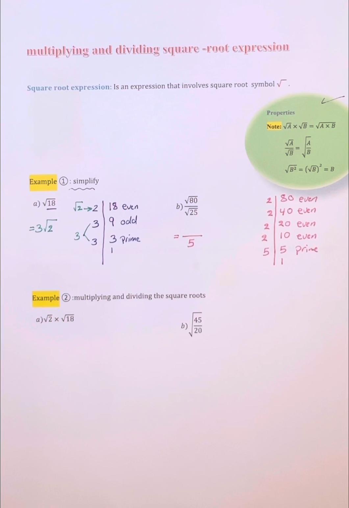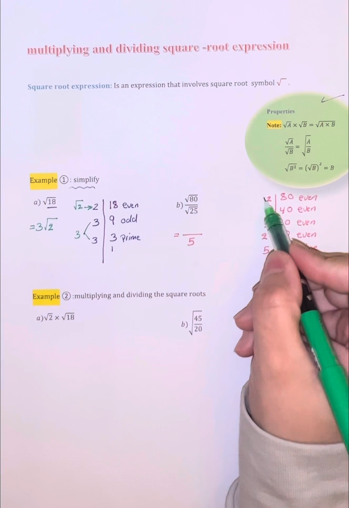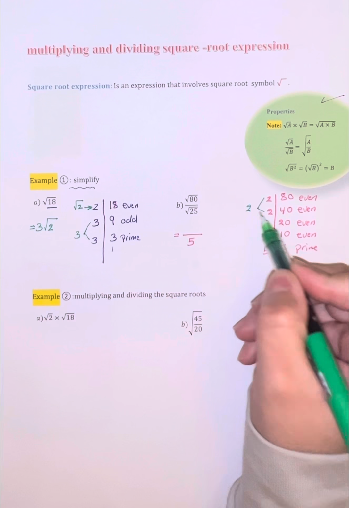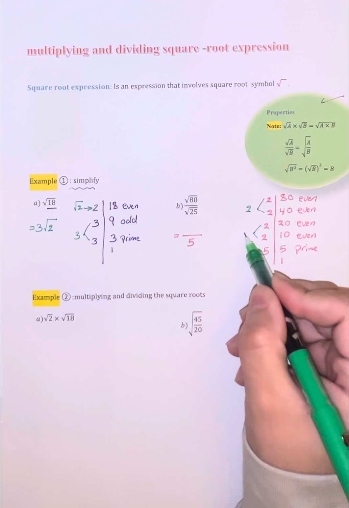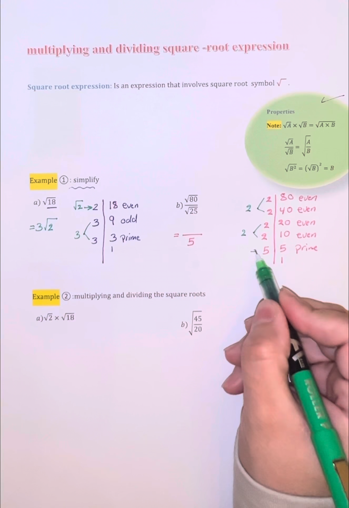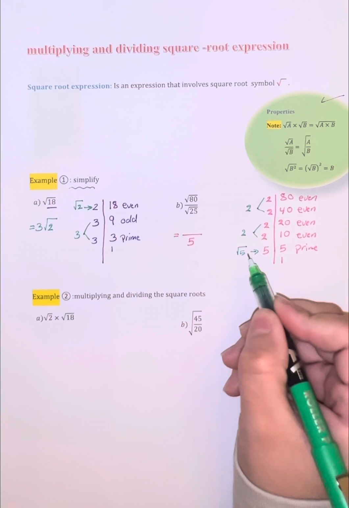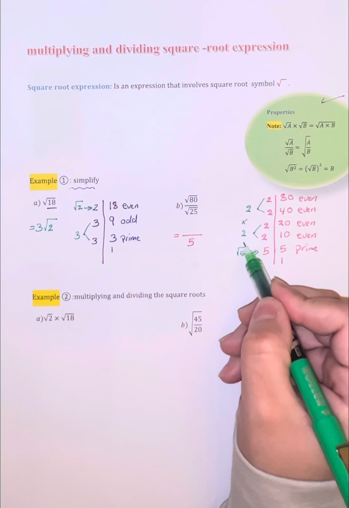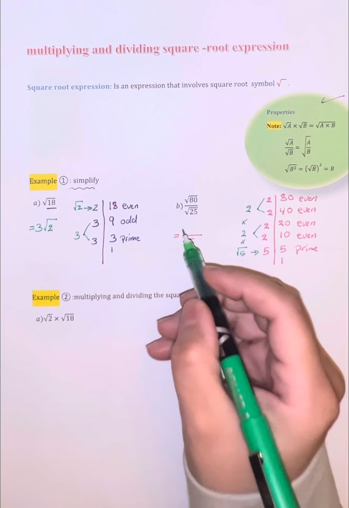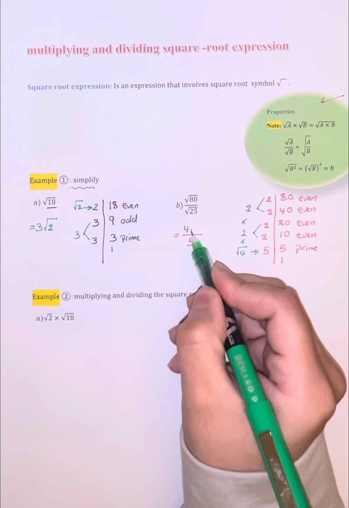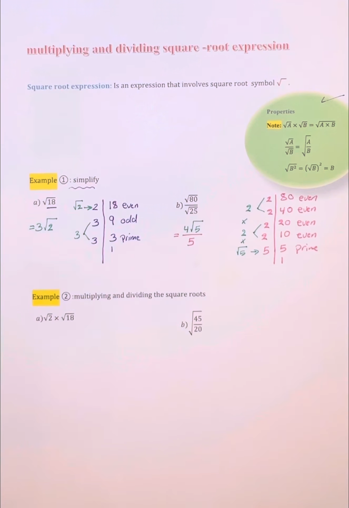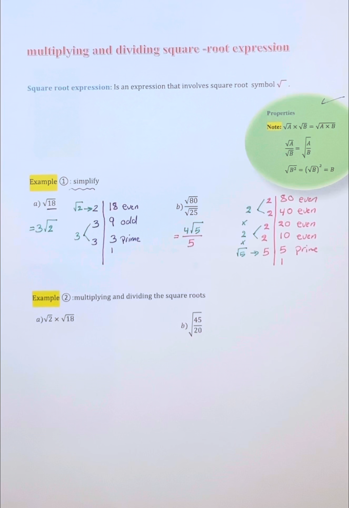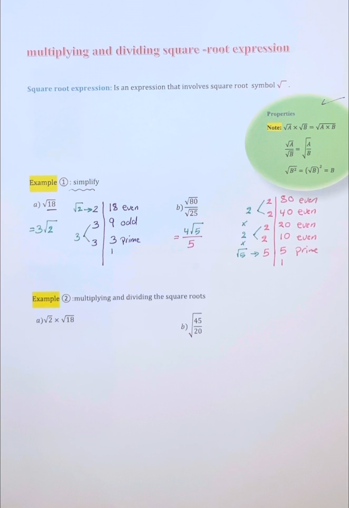We said from 2 same factors, we will choose 1, okay? And a lone factor in the square root symbol. So multiply between them, 2 times 2, 4, square root of 5 as it is. So we simplified this expression.